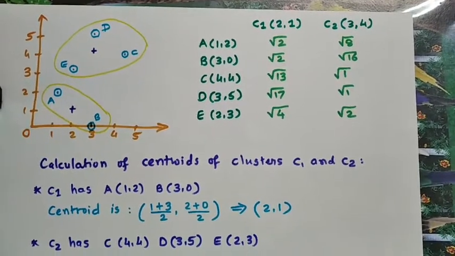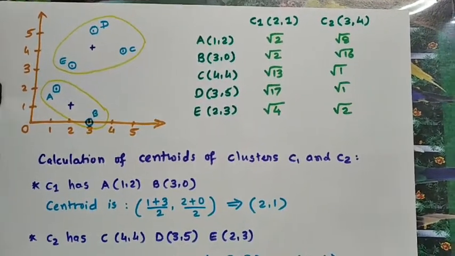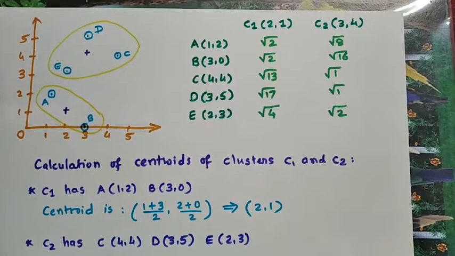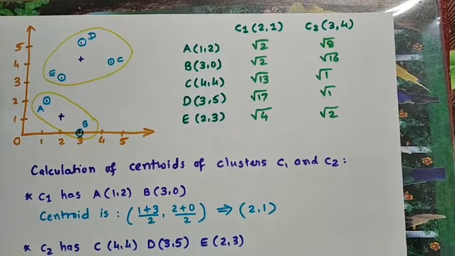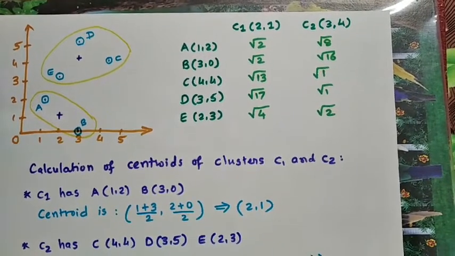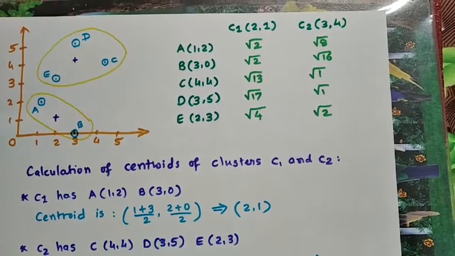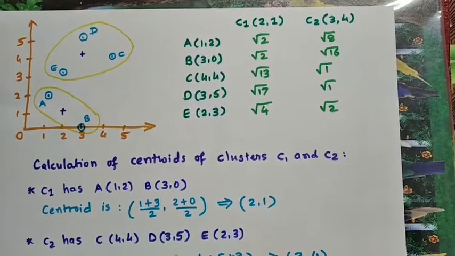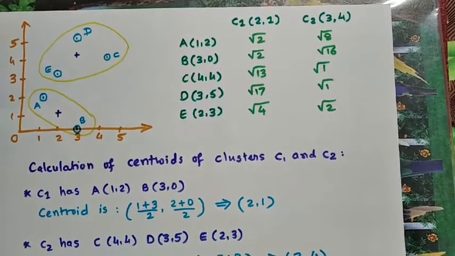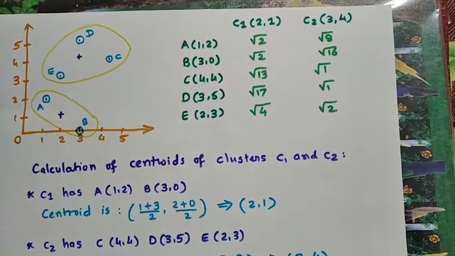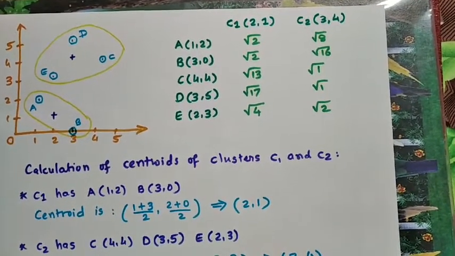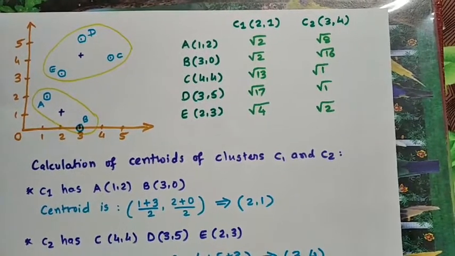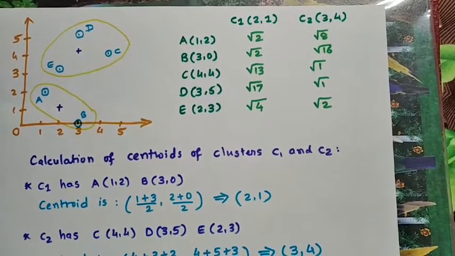Ideally we should pick as initial seeds those objects which are far from each other, because if you choose two objects which are nearer to each other, then possibly they will end up in the same cluster after some iteration. So it is not a wise decision. Ideally you should choose the initial seeds far from each other to avoid unnecessary iterations. So this is about the K-means algorithm.